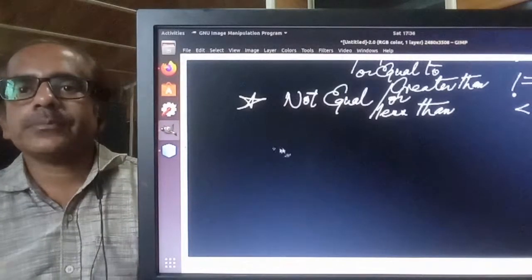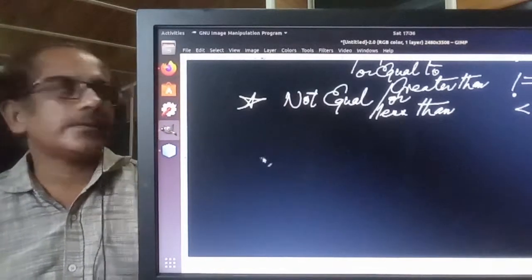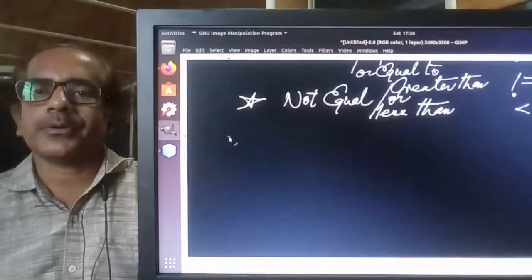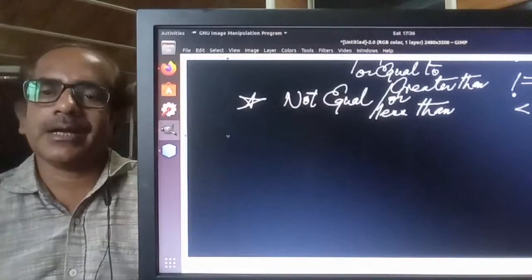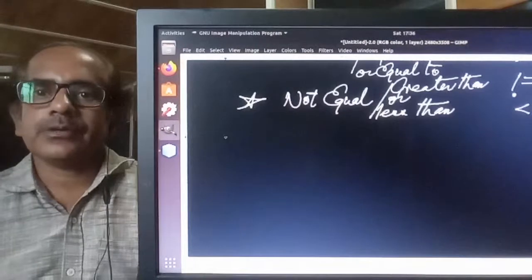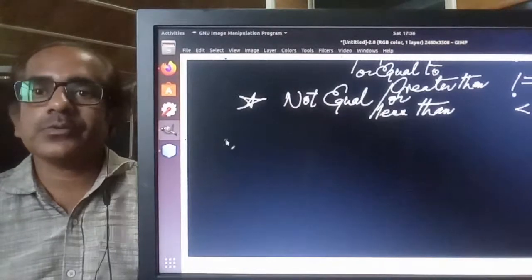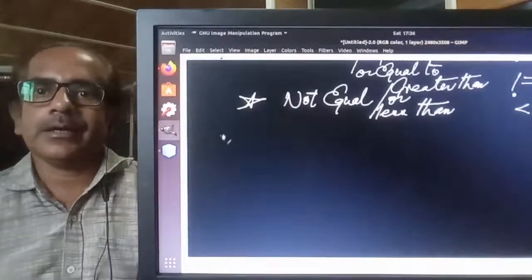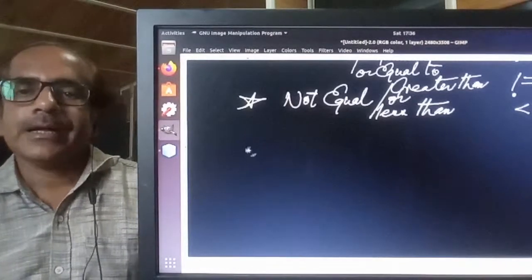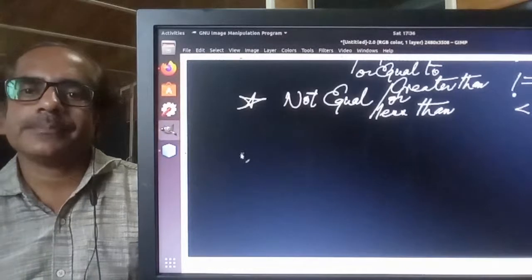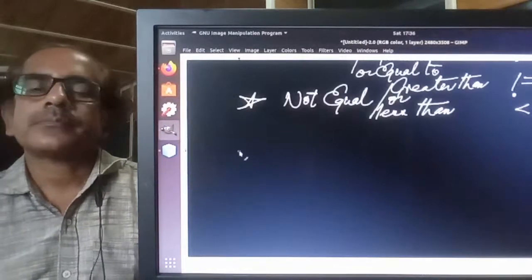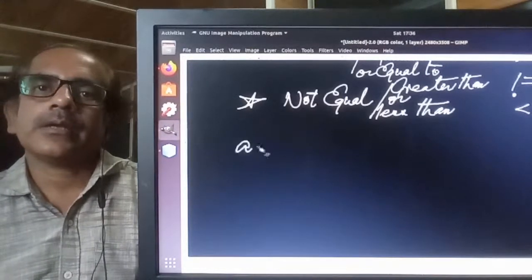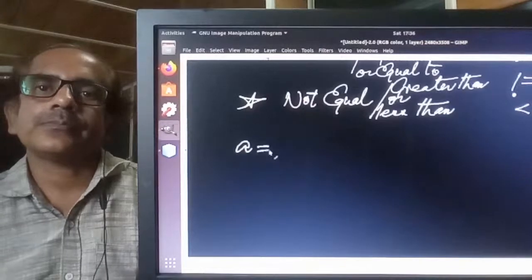So let us take an example. I'm not writing the whole program, but a part of a program that you can use for writing code, and you can see the output in the way I'm writing. Let us take two variables, a equal to 5.